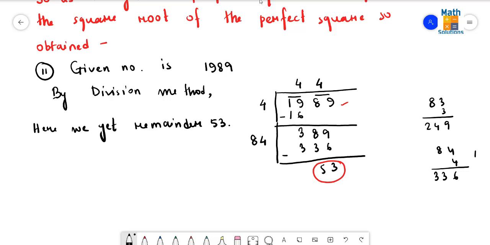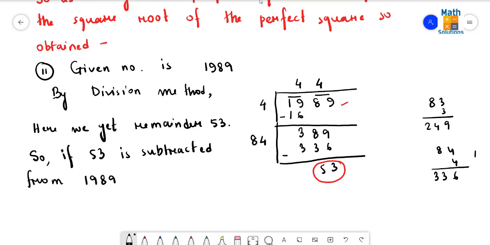So if 53 is subtracted from 1989, then a perfect square can be obtained.